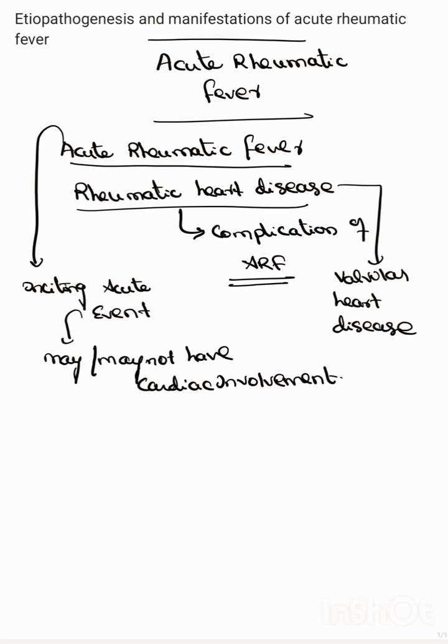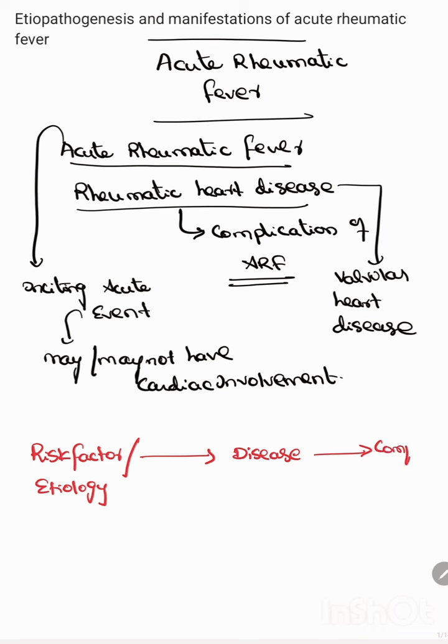Next, in any disease there will be a risk factor or an etiology that is causing the disease, and if the disease is left untreated, it will lead to complications.